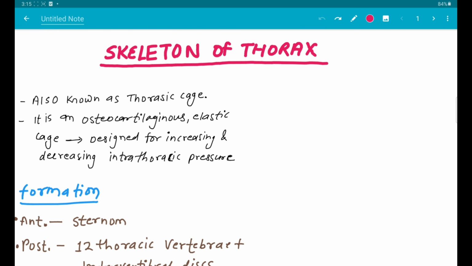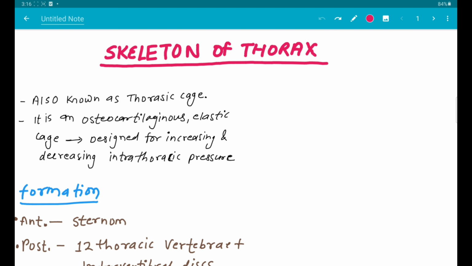So skeleton of thorax. Before that, we have to understand what the thorax is. Thorax is a very important part of the body. When we divide the trunk by the diaphragm muscle, the upper part makes the thorax and the lower part makes the abdomen. So thorax is the upper chest.